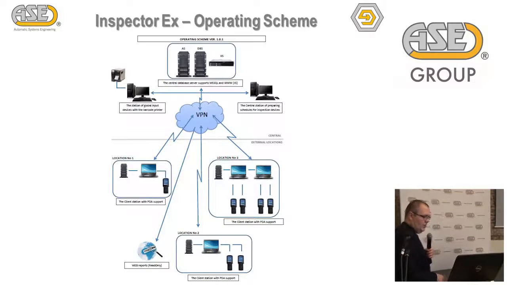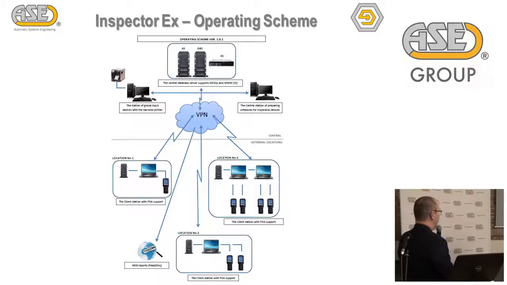The next slide is the operating scheme. As you see, we have, let's say, a central localization and a network of different locations. We use a server, either a physical server or a server in the cloud, a virtual server.